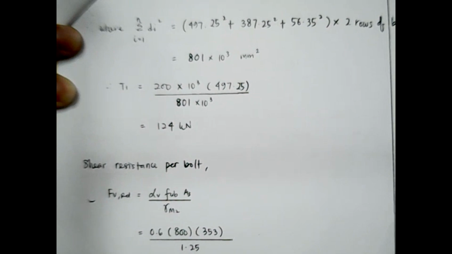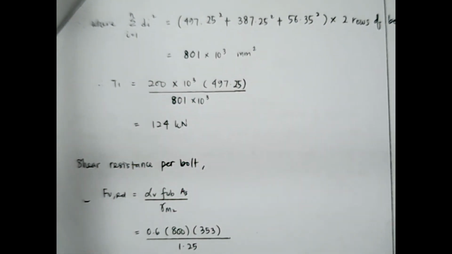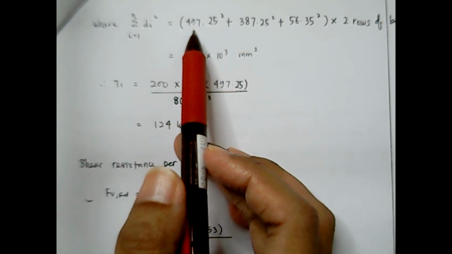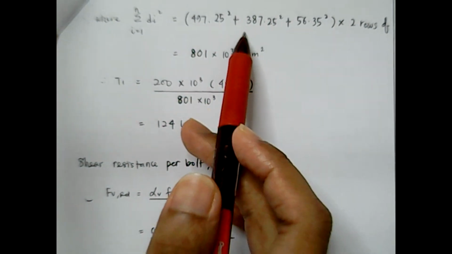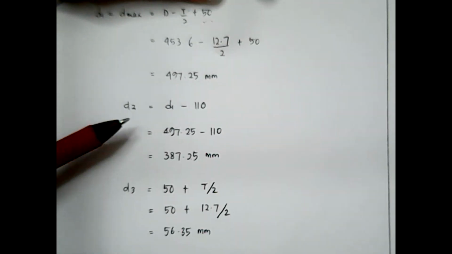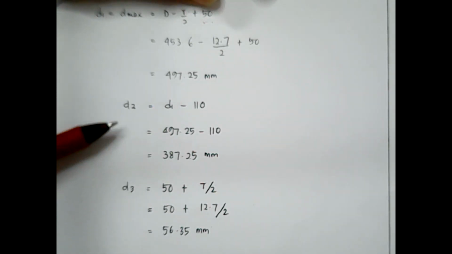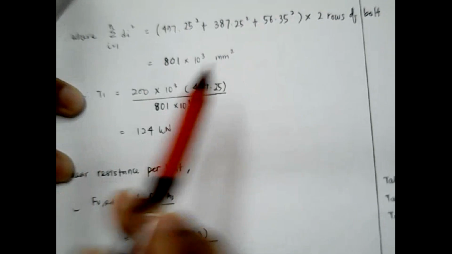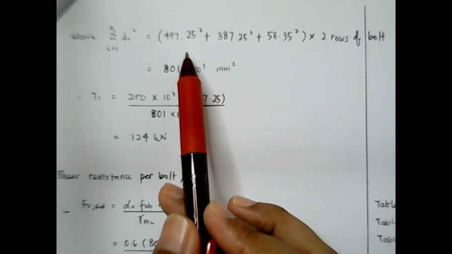So here you can calculate your T1. You know the distances, you add them up: D1, D2 and D3 from the previous calculation. So you insert them into the equation.